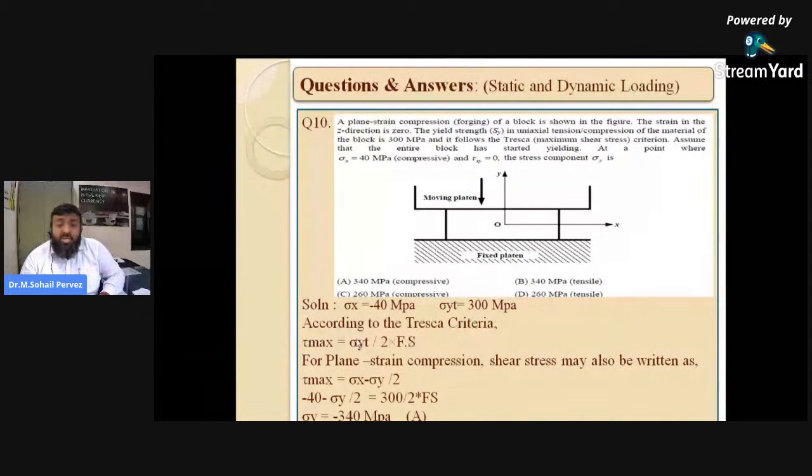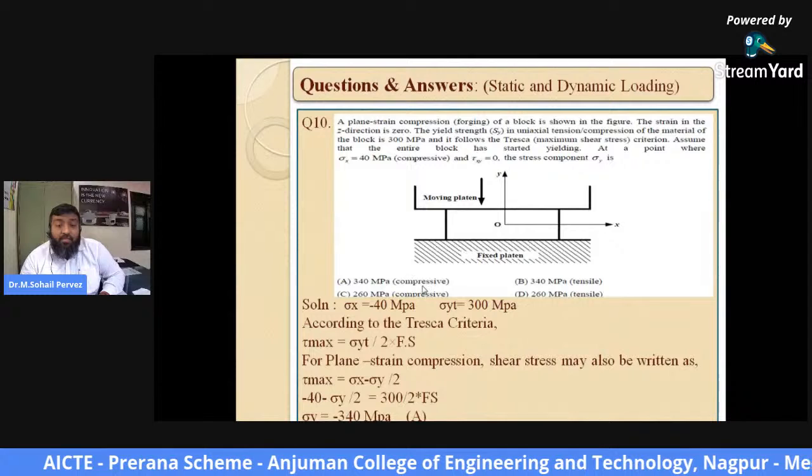For plane strain compression, tau max may also be written as sigma x minus sigma y by 2. Now please equate these two equations and you will get the answer. Sigma y is equal to minus 340 megapascal. Hence the answer is A.